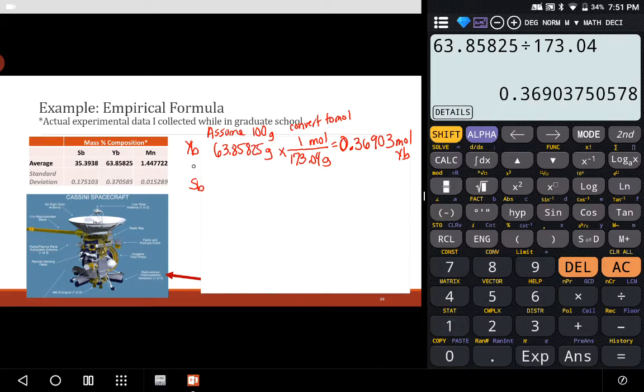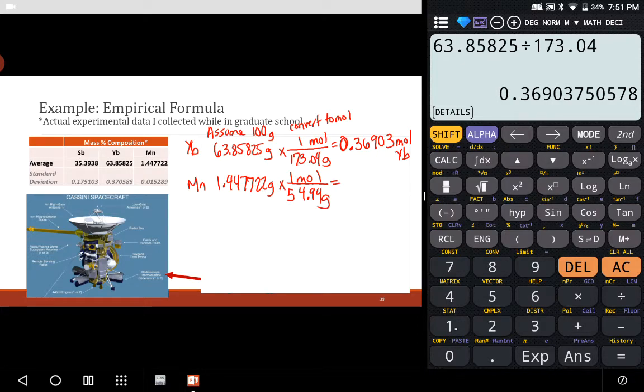Maybe I should have left myself a little bit more space. Okay, so manganese was 1.447722 grams. I'm assuming I had 100 grams like before, and I'll use the molar mass of manganese. Manganese is atomic number 25, not to be confused with magnesium. And so that's 54.94.